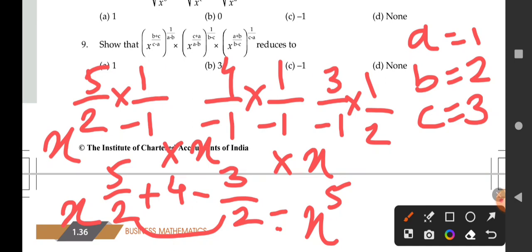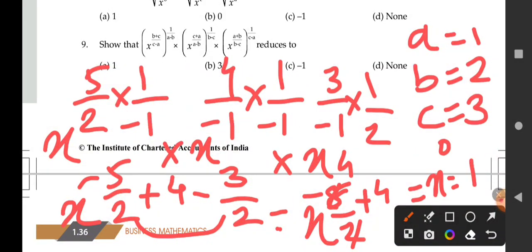Correct? So you get x power 5 minus 5 by 2. Yeah, I was missing minus over here. So we have minus 5 minus 3 is minus 8 divided by 2, plus 4. So we have minus 4 plus 4, x power 0 is equal to 1.